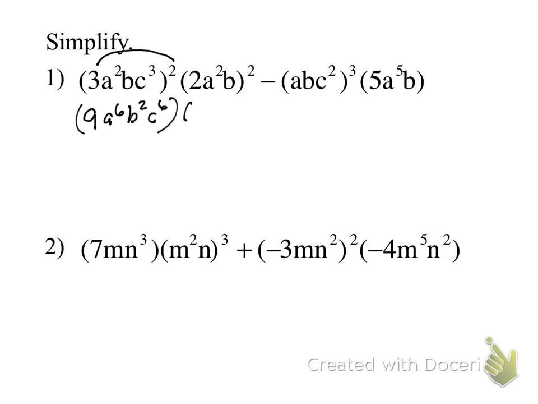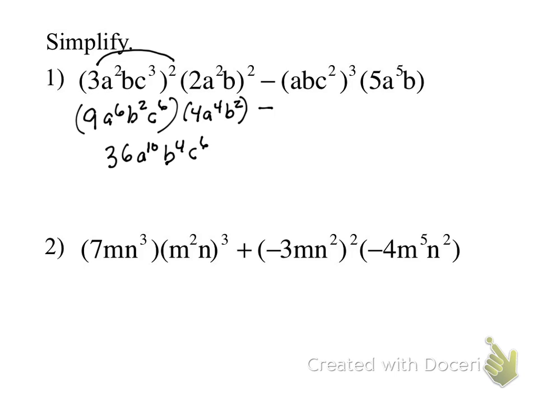And the other one becomes 4a to the 4th, b squared. And then that simplifies to, what'd you get? 36? No, I have a question. Okay, 36a to the 10th, b to the 4th, and c to the 6th.